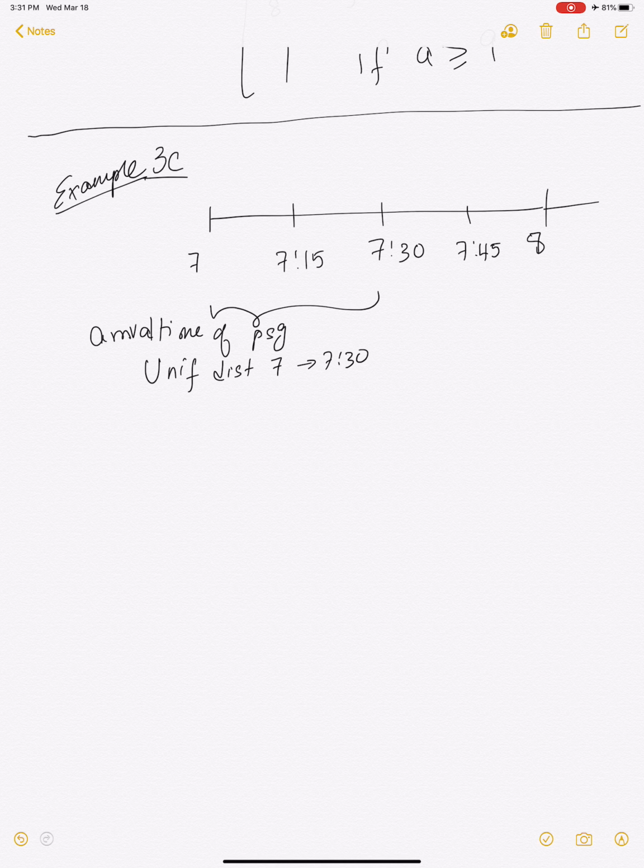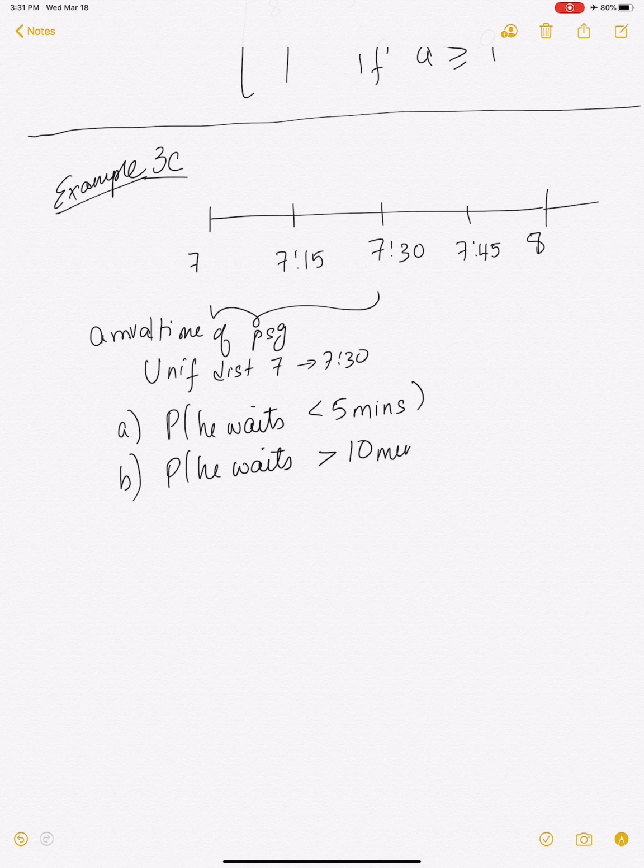What you have to answer is find the probability that he waits less than 5 minutes for the bus, or find the probability that he waits more than 10 minutes for the bus. Okay? All right. So this is the scenario.